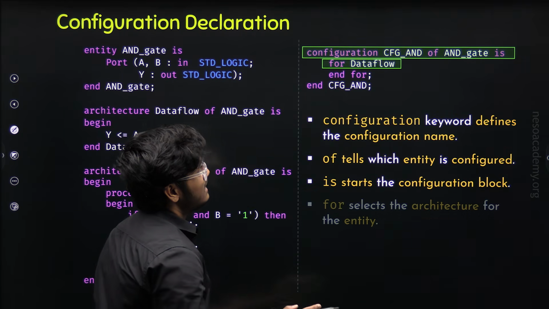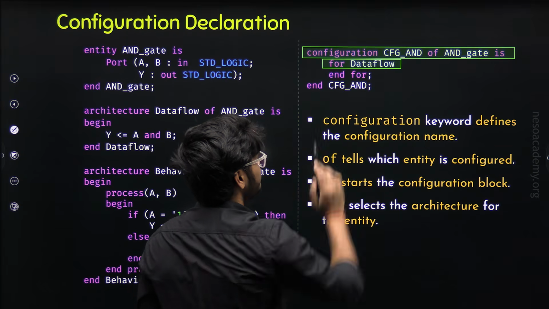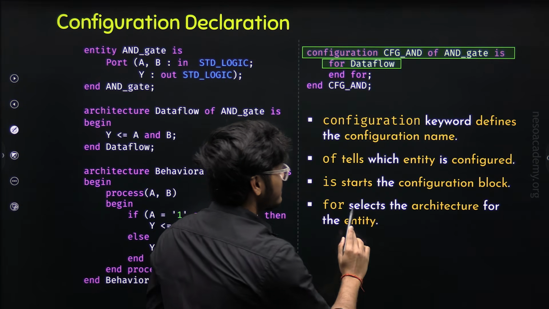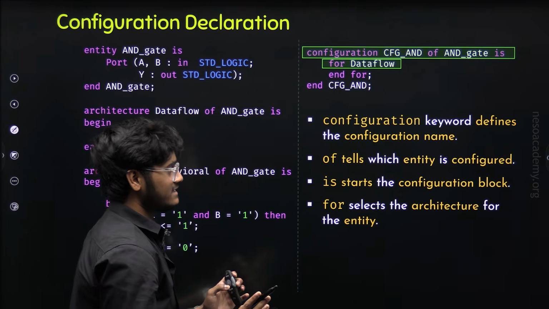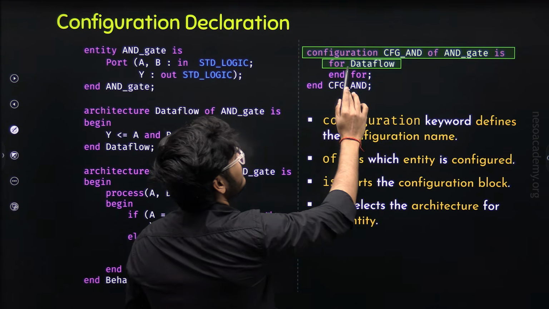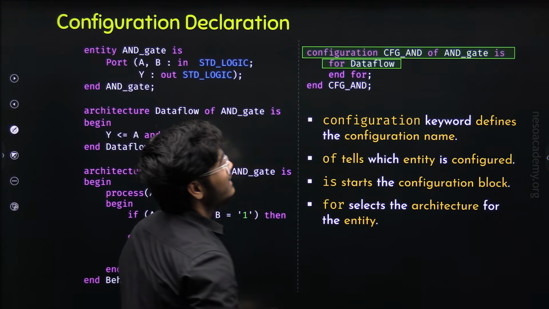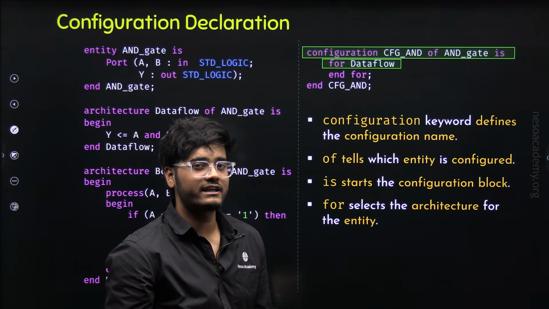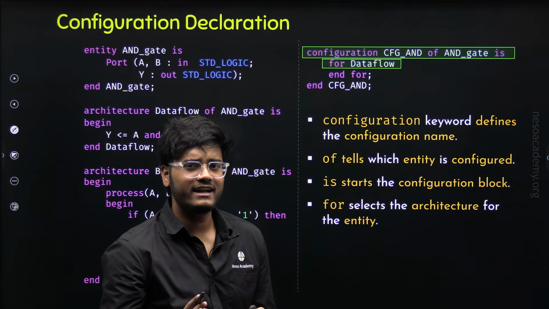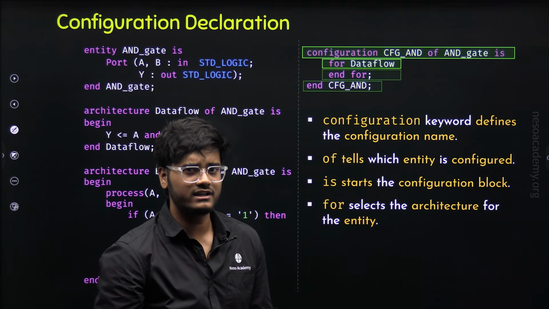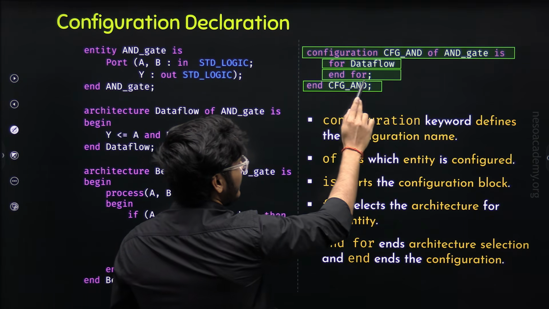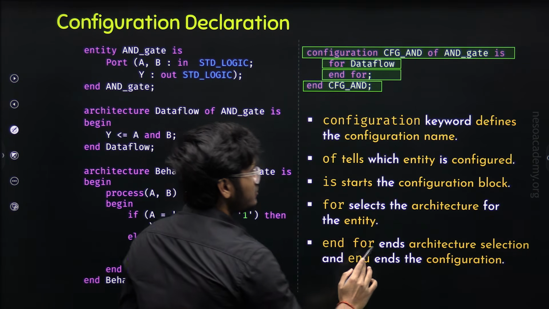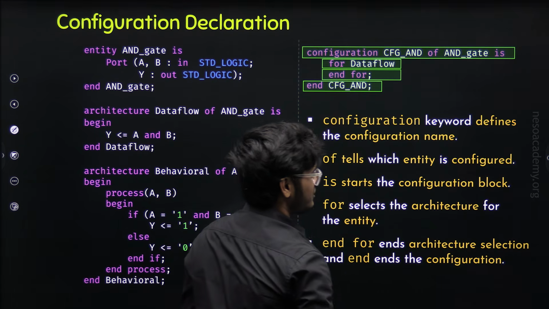Now the second line starts with the keyword for. For keyword selects the architecture for the entity. Example, we are selecting the architecture data flow. And after the selection of architecture is done, we can end this selection using the keyword end for. So, keyword end for is used to end architecture selection.